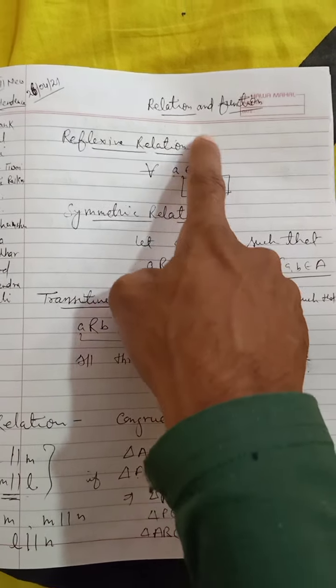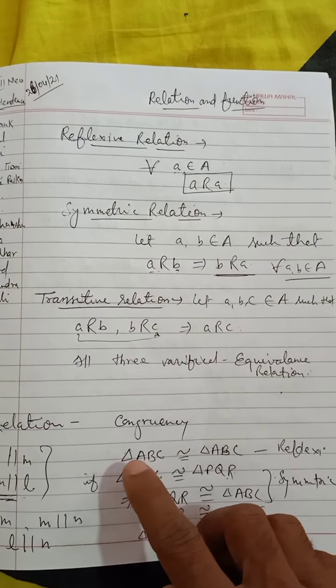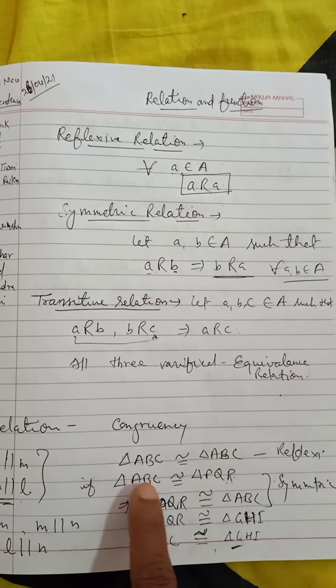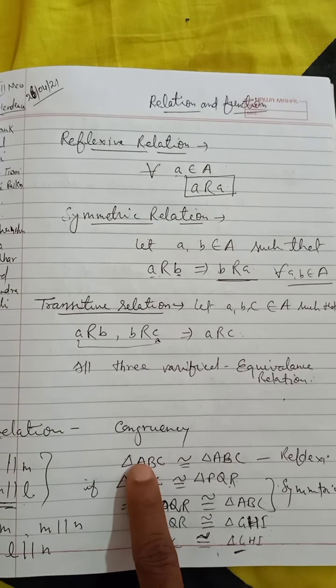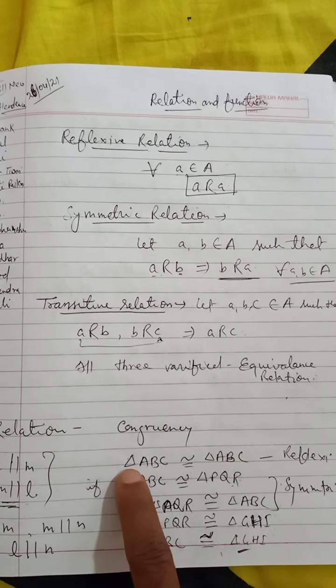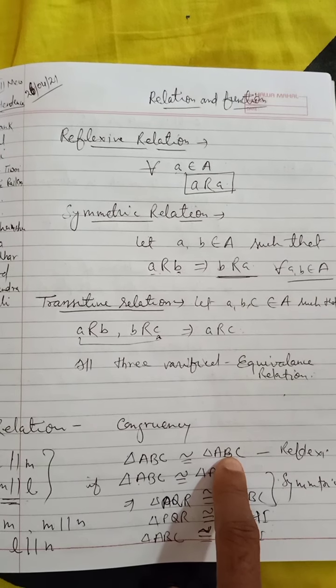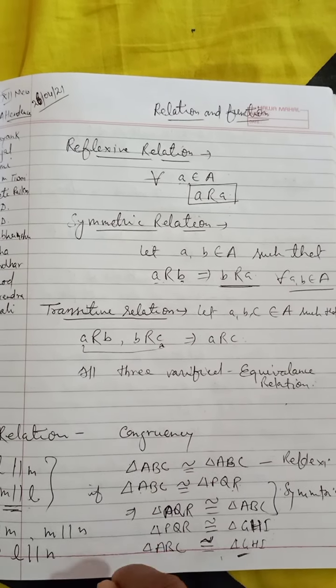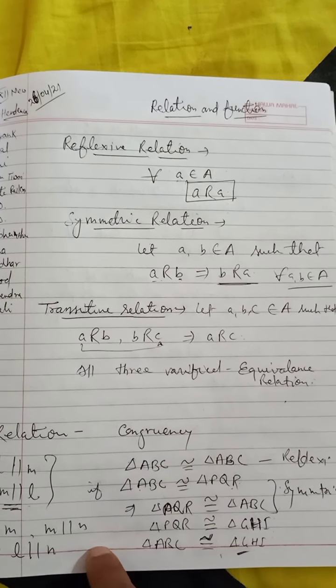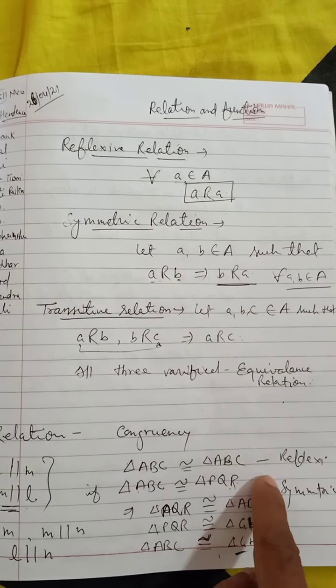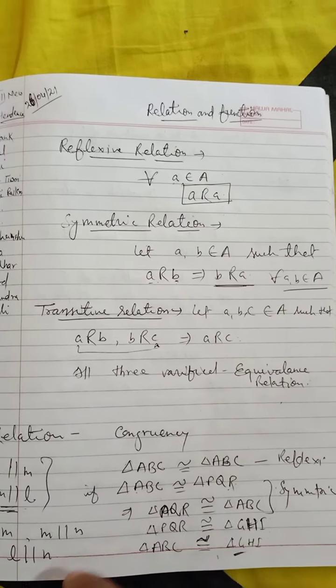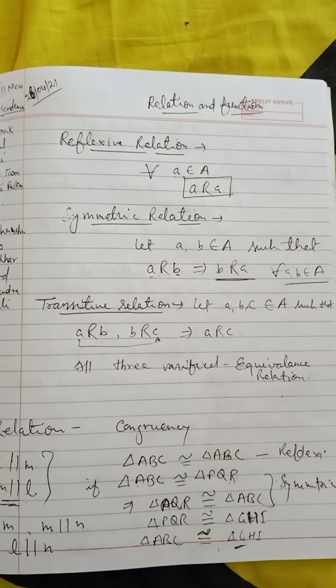For example, every triangle is congruent to itself. Triangle ABC is congruent to triangle ABC. That means congruence is a reflexive relation. Similarity too: triangle ABC is similar to triangle ABC, so it is also a reflexive relation.